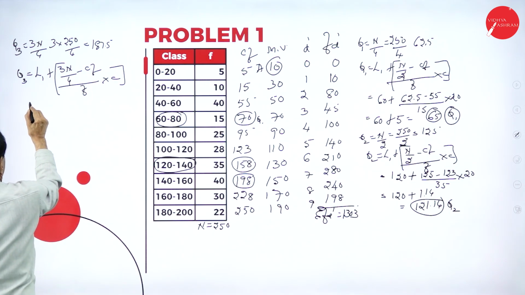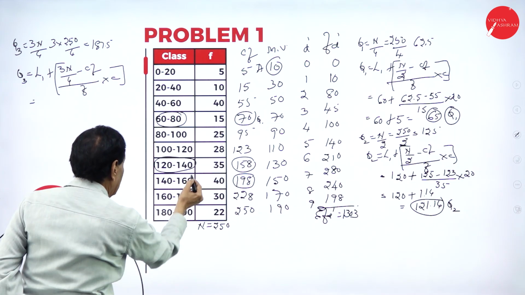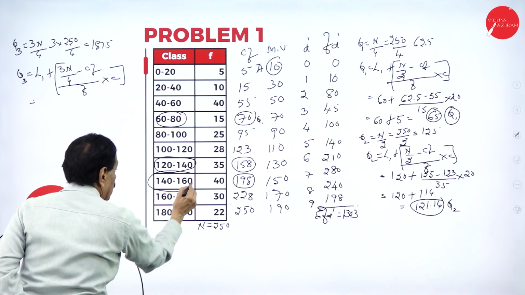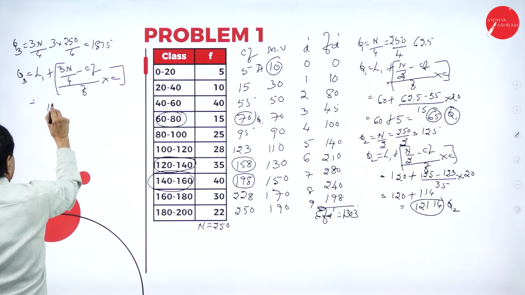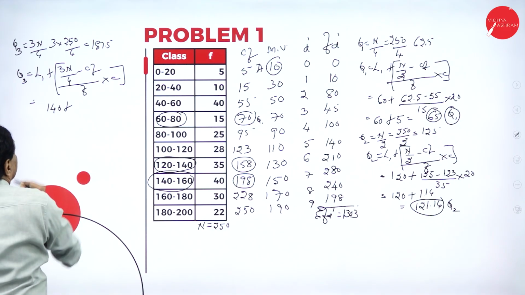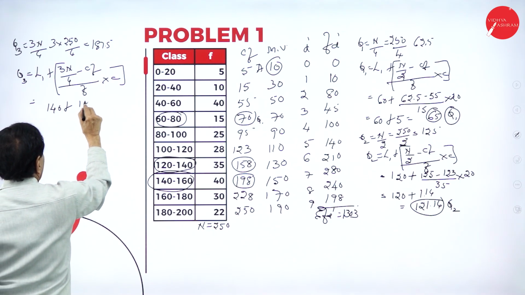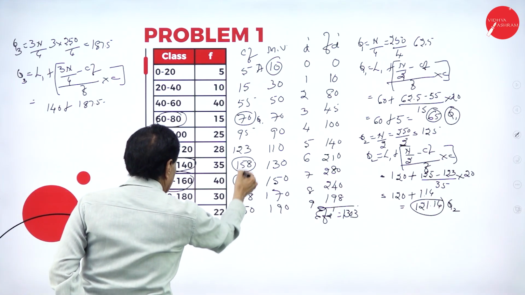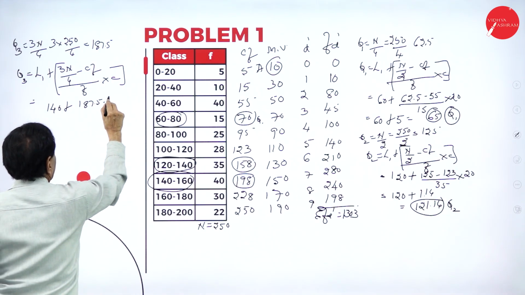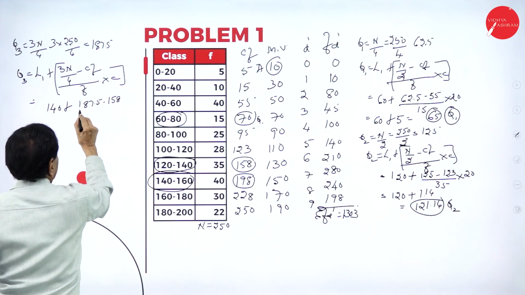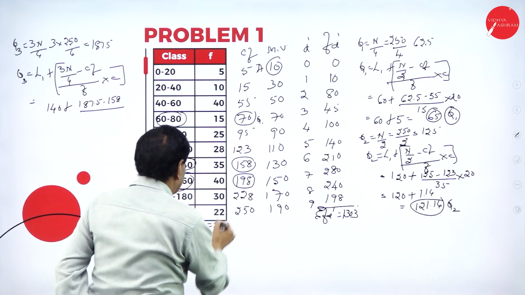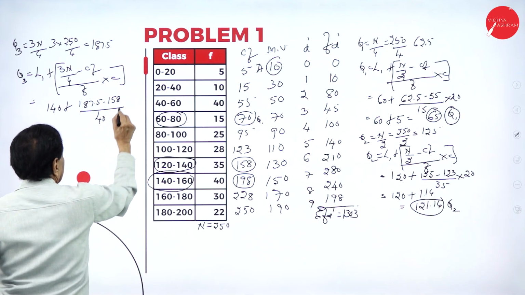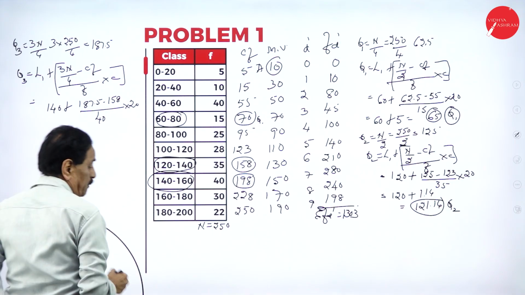What is your L1? 140. What is 3n by 4? 187.5, minus CF 158, divided by the frequency 40, into C, which is 20.